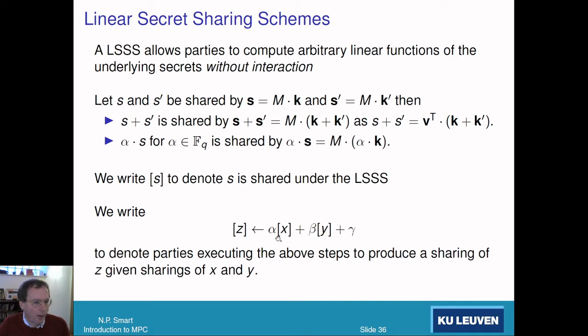We can take an arbitrary known constant multiplied by the sharing of x plus an arbitrary constant multiplied by the sharing of y, and then we can add a sharing of a known constant on again. So we can compute arbitrary functions like this for free, essentially with the same cost as computing on the values in the clear.